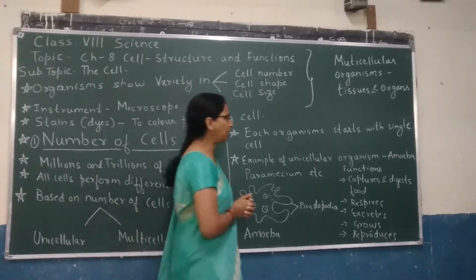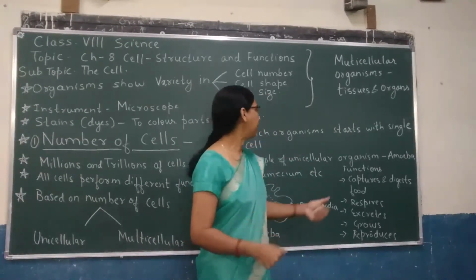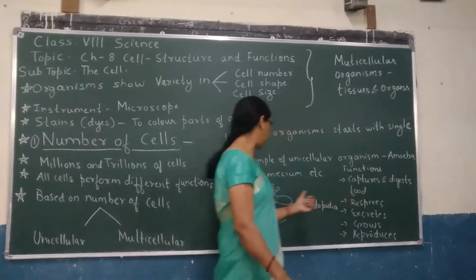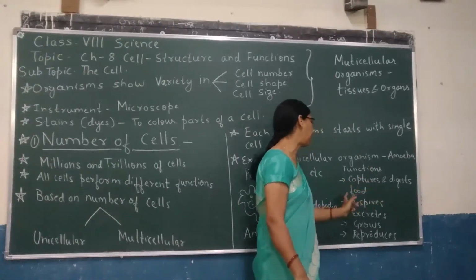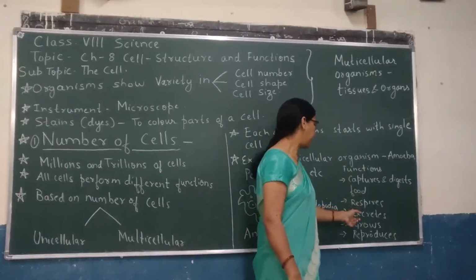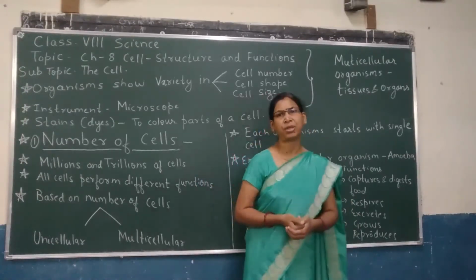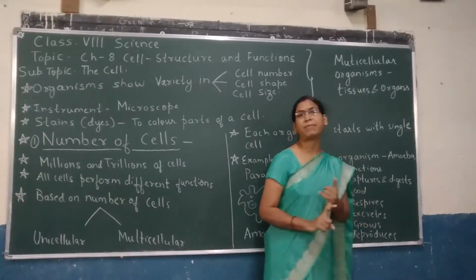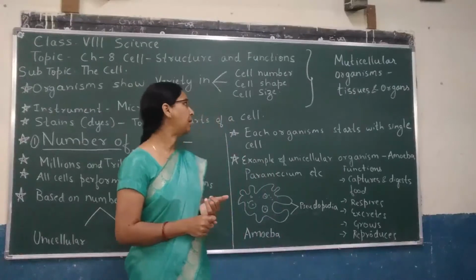Now let us see the functions which amoeba does with the help of a single cell. It is able to capture and digest food. It respires, it excretes, it grows, and it reproduces also. So dear children, you have seen that with the help of a single cell, it is able to perform several functions.